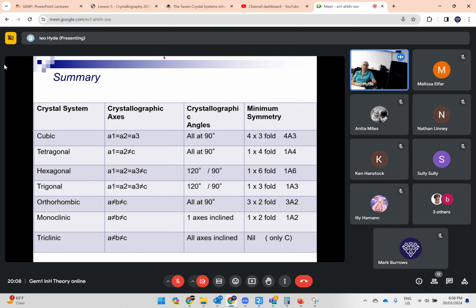So you have to remember the cubic, and that's easy because you know that's got the most, as this is the minimum requirement. So if you've got a crystal like sometimes pyrites that doesn't grow the maximum number of faces, it still means the minimum symmetry for that crystal is there. It has to have 4A3 to be classed as the cubic system, even if it hasn't developed all its faces.